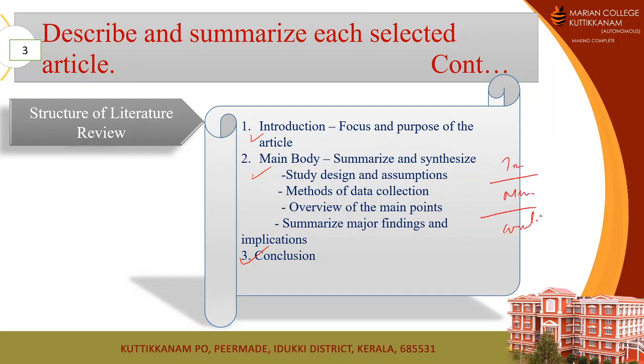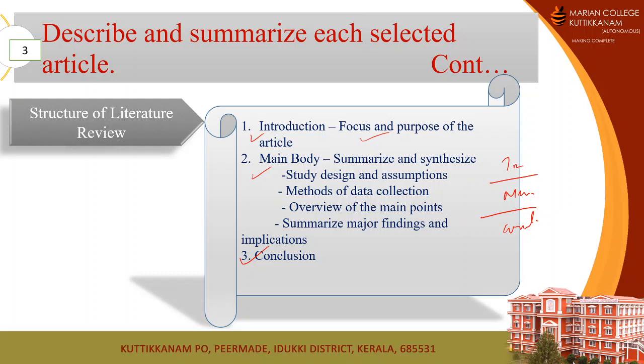But remember that you don't specify these headings in your literature review; you need to write a paragraph that includes these important points. Suppose you have selected a research article. First of all you need to say what this article focuses on. For example, this article is focused on the effect of demonetization on digital banking. So the first sentence you can write in that way.